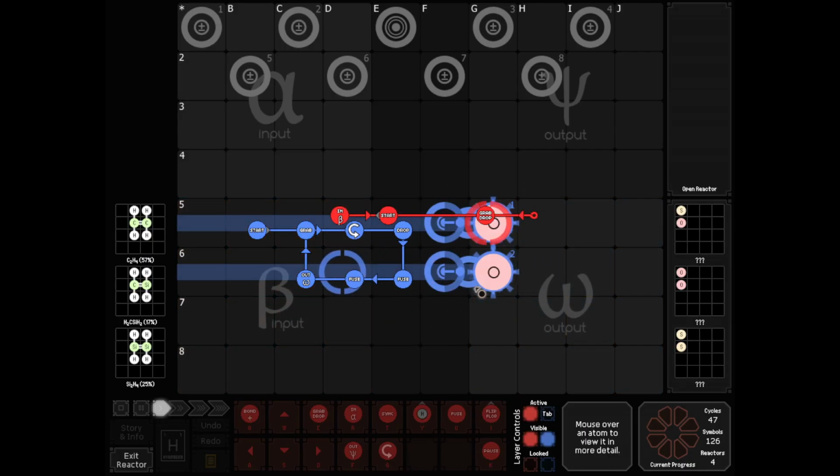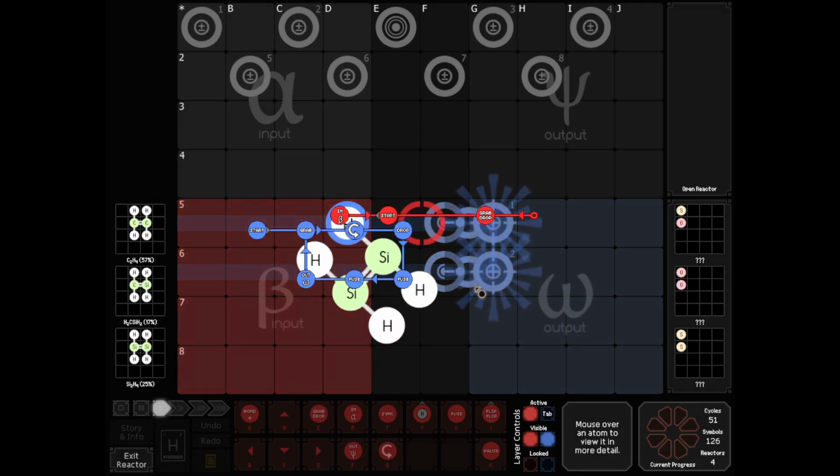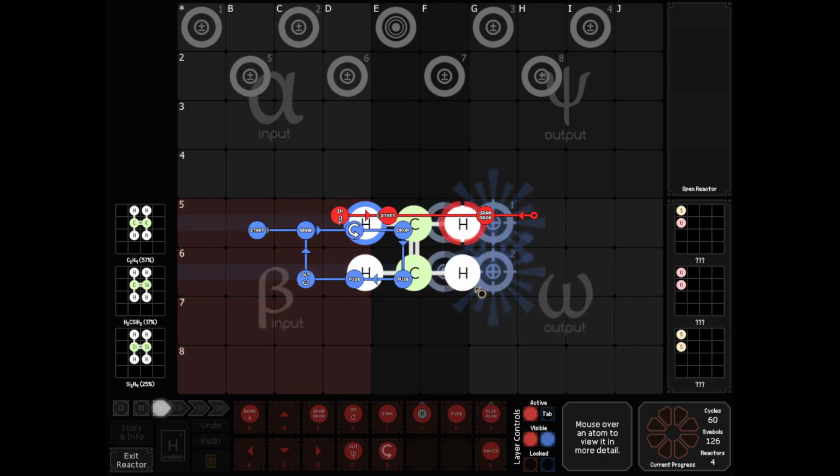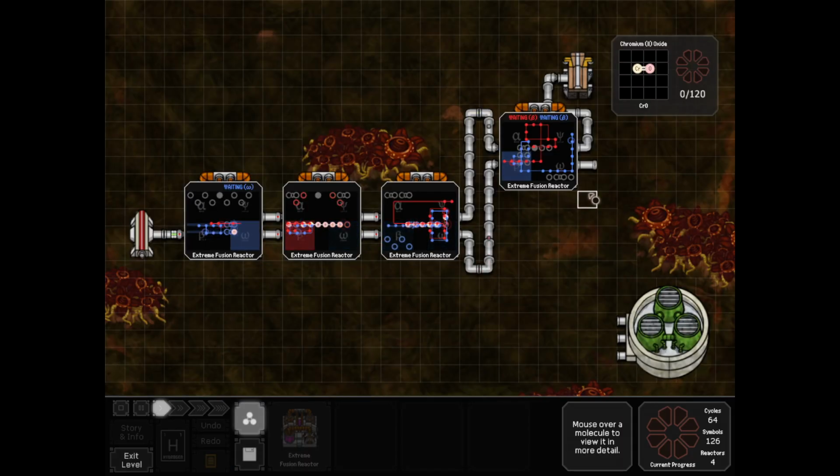By the way, 7 cycles here is possible by way of moving the output command to red and shortening the path by 1. Basically, all of this could run at 7 cycles or even faster, except for this third reactor, which is our bottleneck.